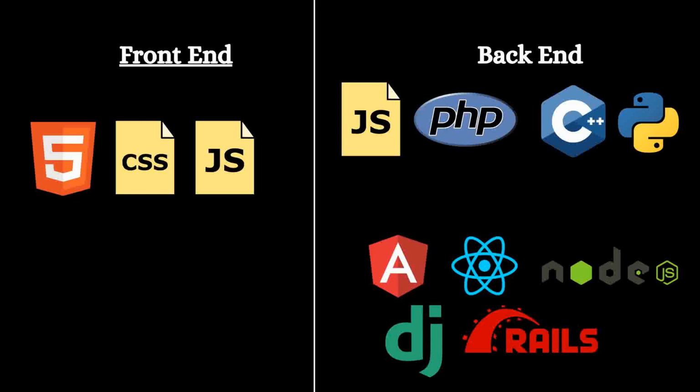For the backend, we can work with pretty much any programming language. The most popular ones are Java, Ruby, PHP, C Sharp, Python, even JavaScript. The language doesn't matter much, because as long as you are able to use something to generate the HTML, CSS, and JavaScript files to send back to the front end, it doesn't really matter which language you use.